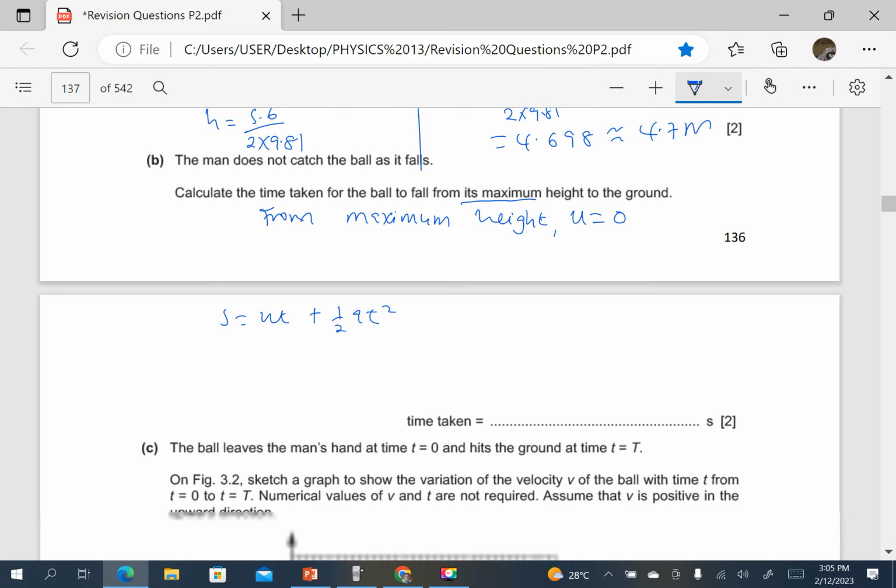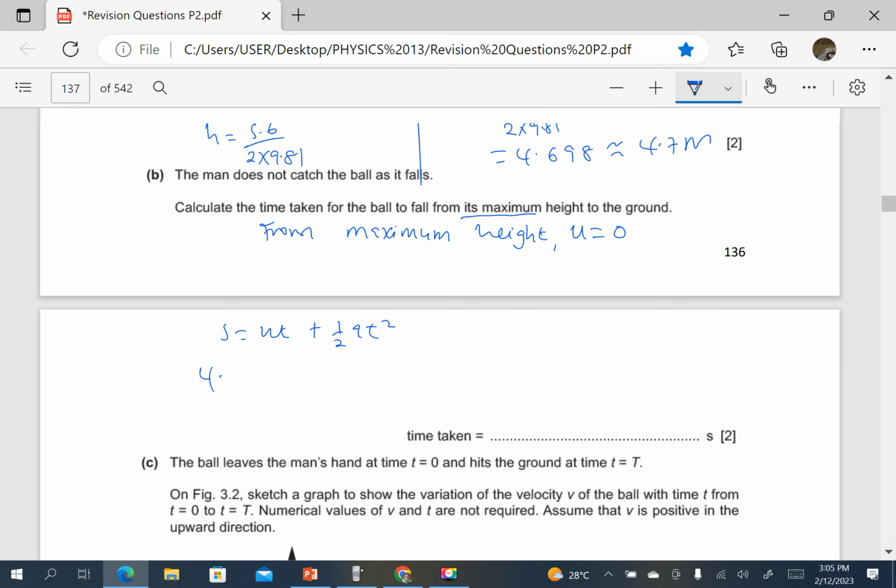From maximum height, it is going to fall through a height of 4.7, which we have seen above. This part will be 0 plus, so here we cannot say minus because we consider it when it is just falling from rest at the maximum height. A half times 9.81 times t squared.